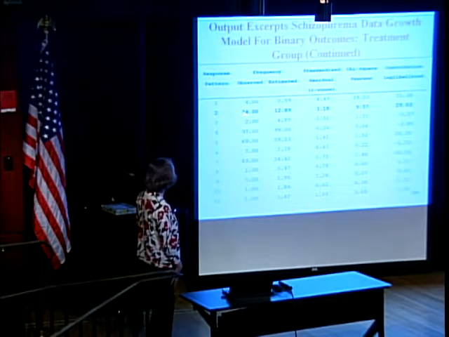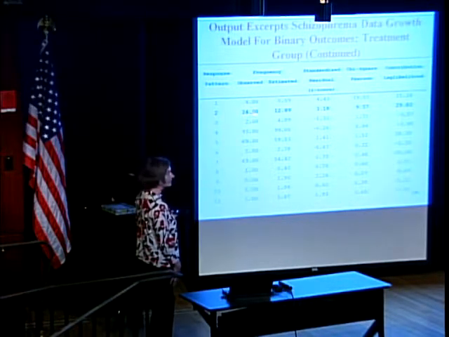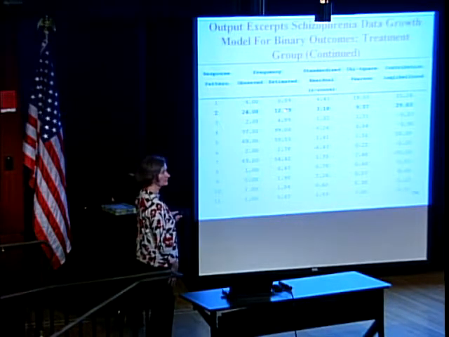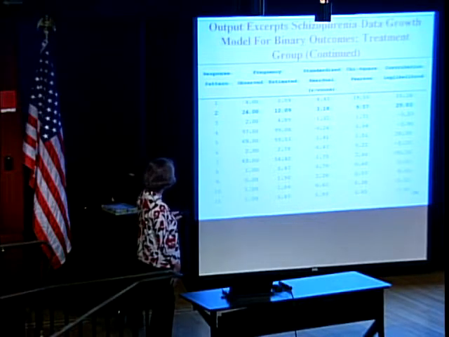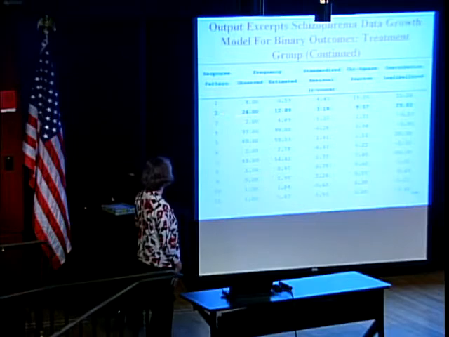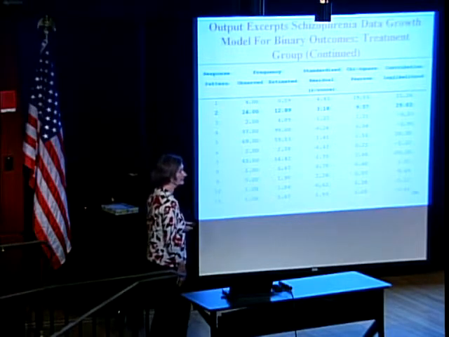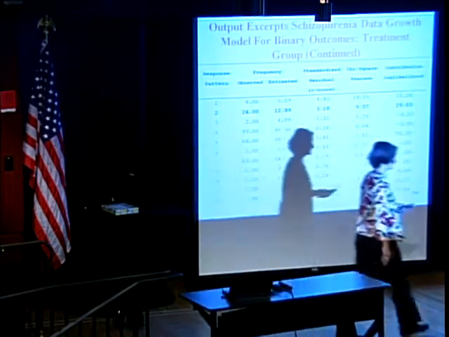So 24 people had 1, 0, 0, 0. But the model, as specified, estimated that only 13 people had that pattern. So here is misfit. And we want to understand that misfit. And so I'll show you how Tech 10 can help us understand that.